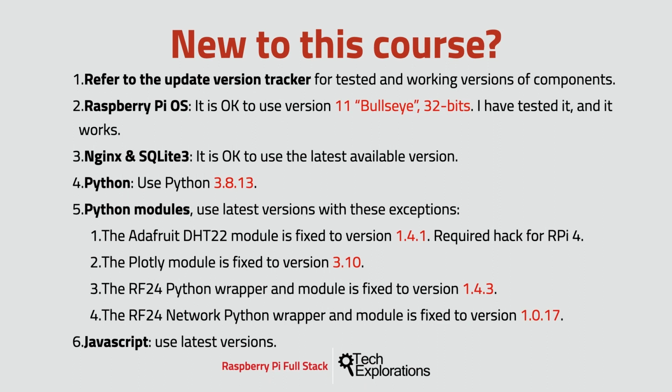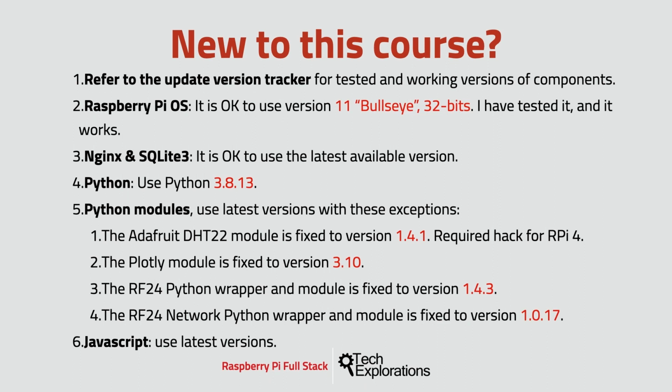For most other Python modules, it's okay to use the latest versions except for the following. The Adafruit DHT22 module is fixed to version 1.4.1. The Plotly module is fixed to version 3.10.